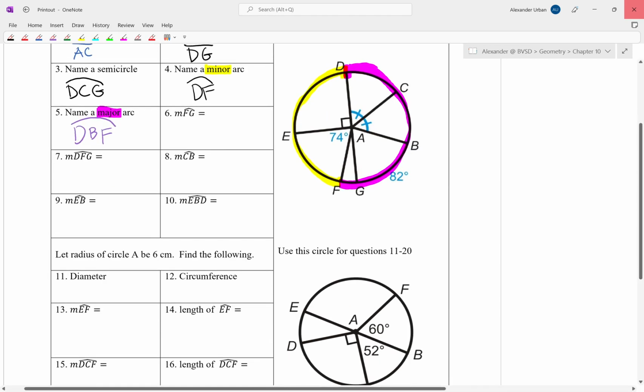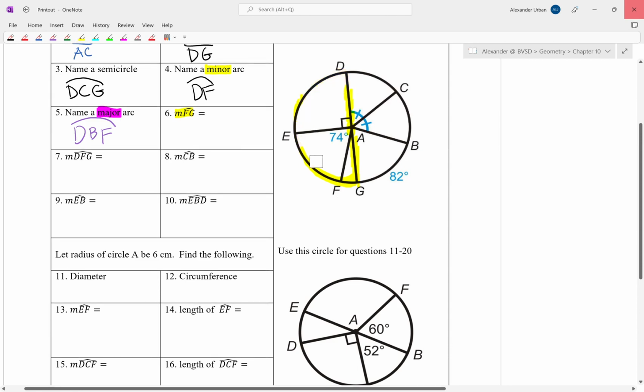So in this case here now, you could see that with number 6, it wants us to find the measure of the arc from F to G. That's a minor arc, a small one. But with number 7, it wants us to find DFG. Well, that's a major arc, DFG. And we probably already know that this one is probably going to be a semicircle since it's connected with a diameter. But I'll let you guys solve that one.